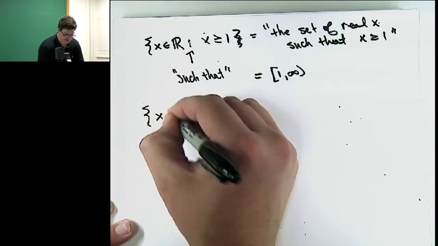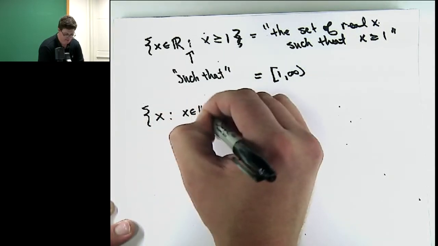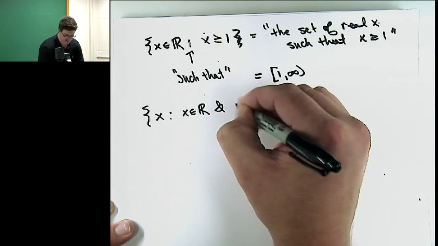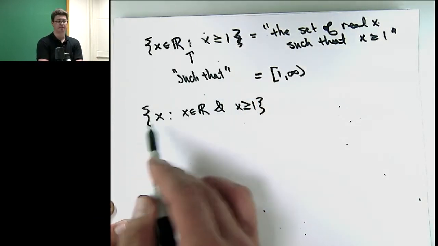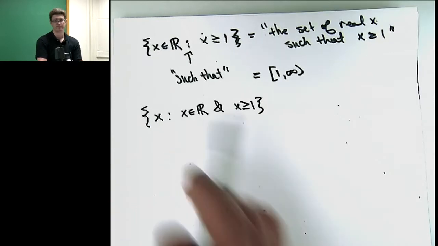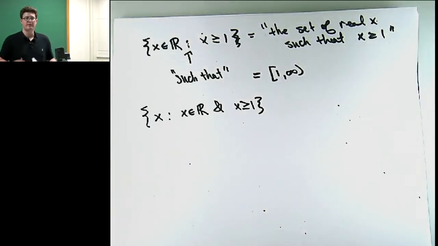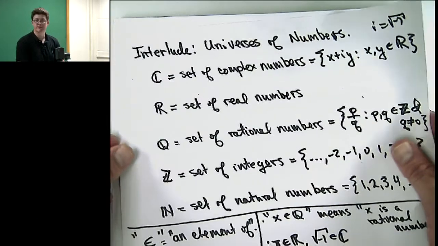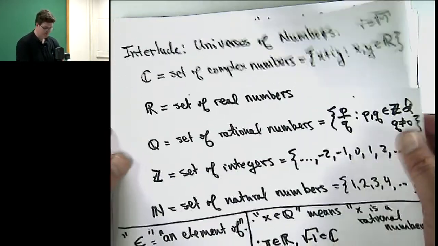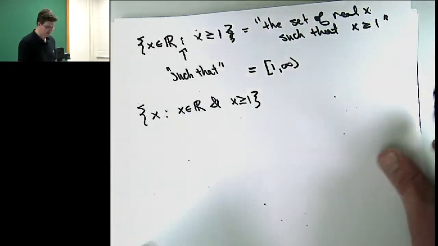You could say the set of x such that x is a real number and x is greater than or equal to 1. This is also true. But you need to have something that collects all of them, right? So we'll talk about this and get more familiar. I haven't told you all the rules that go with this. This is just a first initial look at this stuff. Okay? And there are several ways to specify sets, and we'll get back to that.